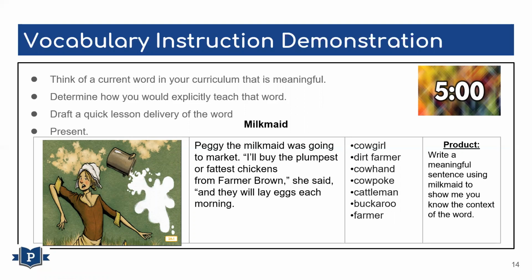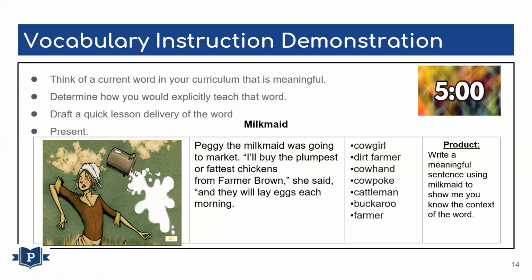A milkmaid is someone who may work with milk. A milkmaid is someone who may live on a farm. But does a milkmaid only work with milk? No. How do we know? Because it says that she's going to the market and she's going to buy the plumpest and the fattest chickens.